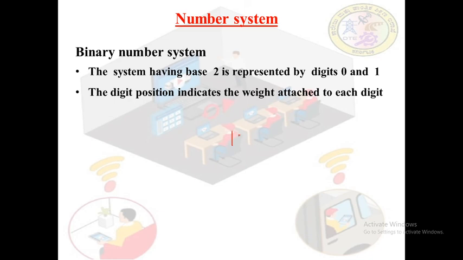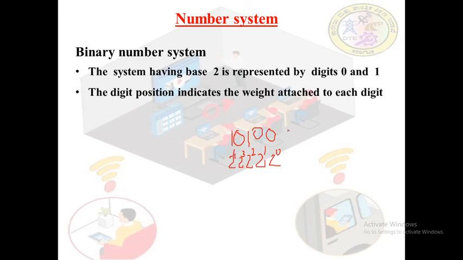For example, we have a binary number like this. Each digit, based on its position, will have a value which increases by a factor of 2. 0 has a value of 2 power 0, this has 2 power 1, and 1 has 2 power 2, and 0 has 2 power 3, and 1 has 2 power 4.